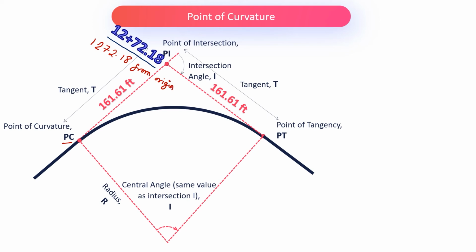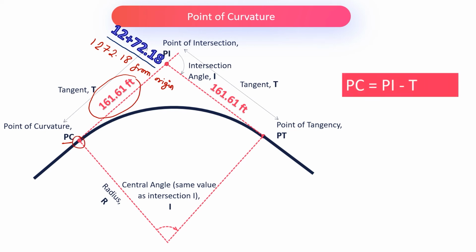And guys, what happens if I subtract this length? If I subtract this, won't I be getting this PC, right? So the equation of PC is PI minus T, okay? You take this PI, so here it is 1272.18, and you subtract this tangent length.